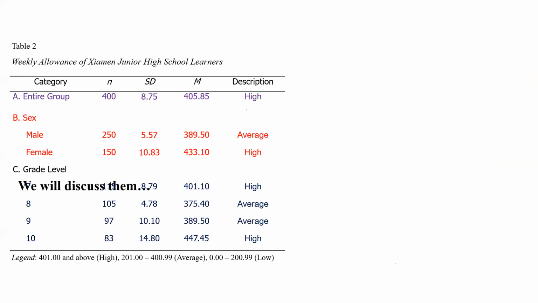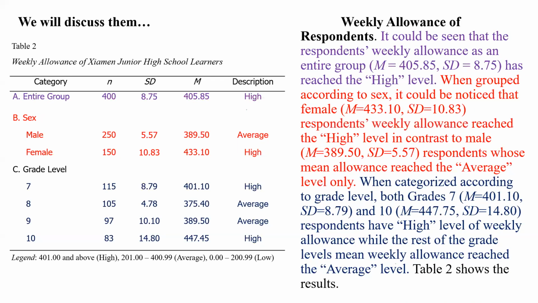So, in my case, I think what I did is similar to ma'am's. It's just the same. I placed here one categorized according to grade level. My words are: both grade 7 and 10, I place here mean and standard deviation, have high level of weekly allowance, while for the rest of the grade levels, mean weekly allowance reached the average level.